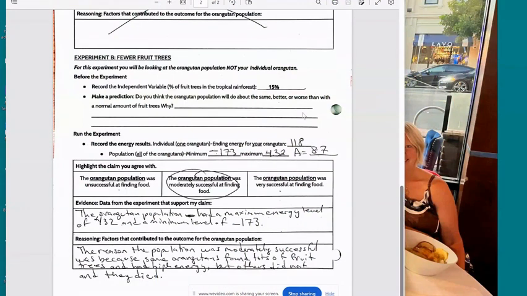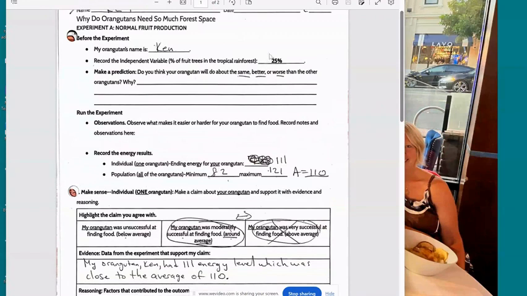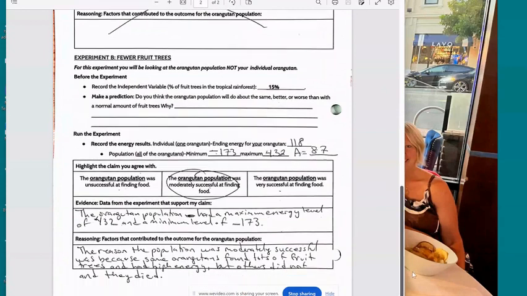So when we look at this one, we are no longer talking specifically about one orangutan, but we're comparing the population as a whole. On the first time, the percent of fruit trees was 25. So now you're looking at minimum, maximum, and average for the orangutan population at 25% compared to the minimum, maximum, and average for the orangutan population at 15%.